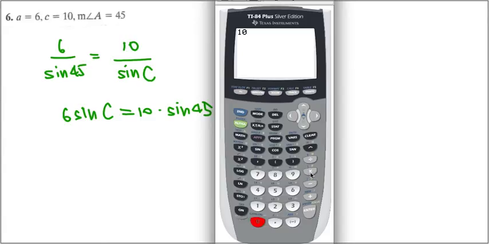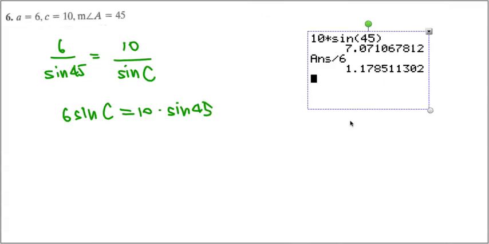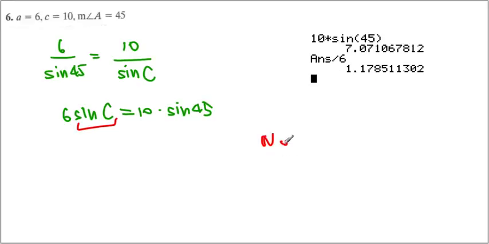Ten times sine of 45, and that's the value which we would have gotten. And then divide by 6 would have given us 1.17. Now, if you think about it, can a sine value ever be equal to 1.17? It's not a possibility. So therefore, there will be no triangles formed with the given condition.